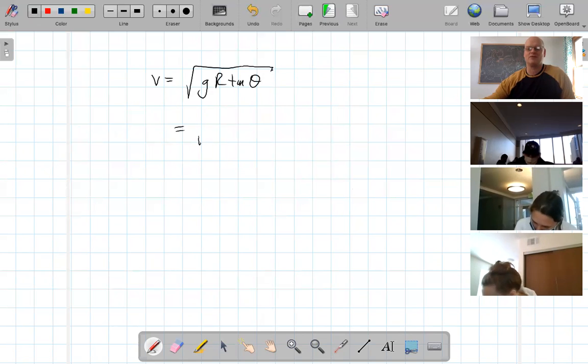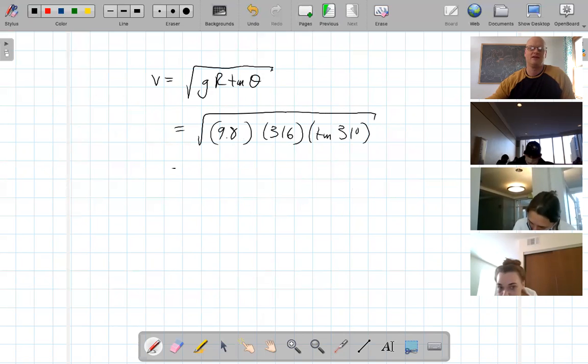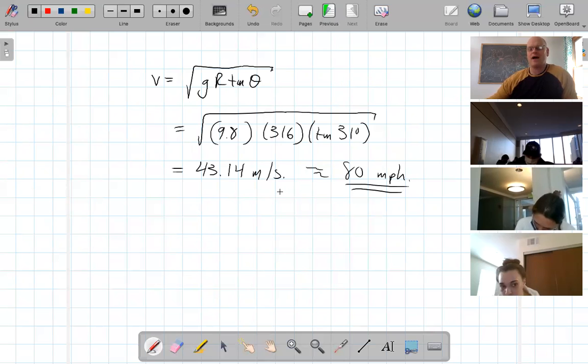Okay, so it's equal to the square root of 9.8 times the radius, which is 316 meters, times tangent of 31 degrees. Plugging in our numbers, this works out to be about 43.14 meters per second, which is roughly about 80 miles per hour. So at the Daytona 500, my car can go through the corner at about 80 miles per hour without ever needing to use friction.